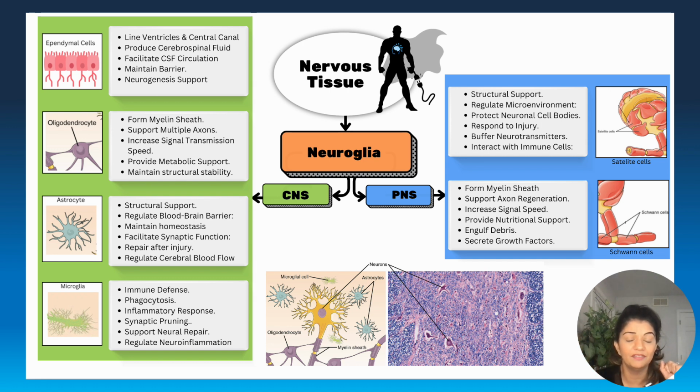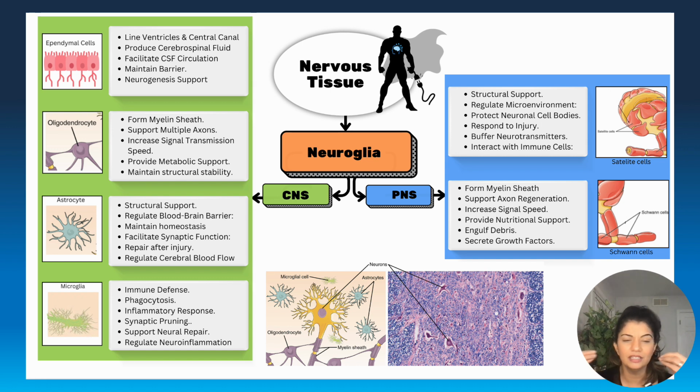So here we have nervous tissue, obviously being the topic, and neuroglia that are present in both our central nervous system and peripheral nervous system. And as you can see, I've added cells. You can draw these cells, which would be even better, or trace them if you don't feel comfortable drawing. Anyway, ependymal cells are the ones that line the ventricles. They produce CSF.